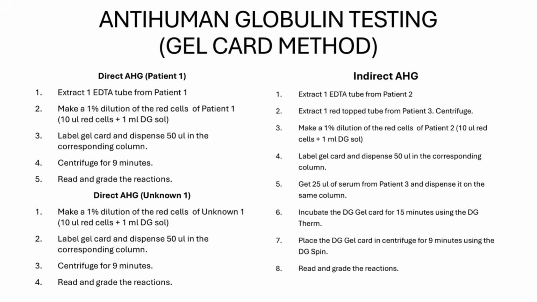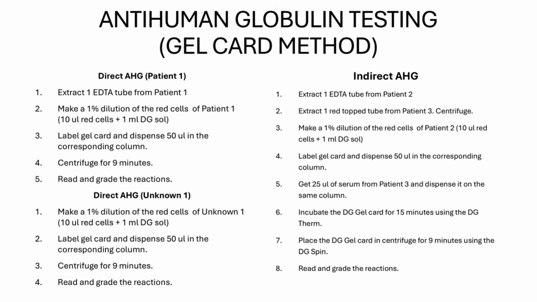You will be making a 1% dilution of the red cells of patient 1: 10 µL red cells plus 1 ml DG sol. Again, only 10 microliters of your washed red cells. Then label the gel card with your group number, the date, and the name of the patient, and dispense 50 µL in the corresponding column. Centrifugation will be done for 9 minutes, and after, there's reading and grading of the reactions.